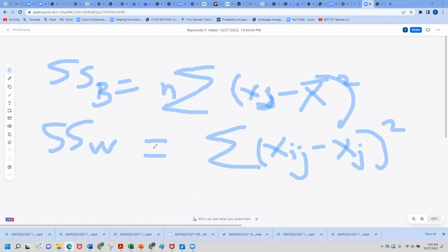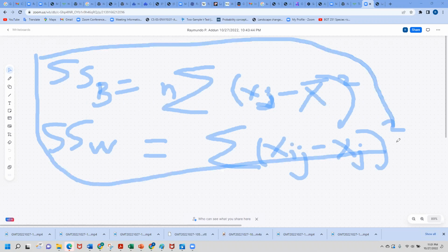So operationally again, remember this formula, but in an example, if you're doing it manually or in Excel, you have groups A, B, and C. So we have numbers here.